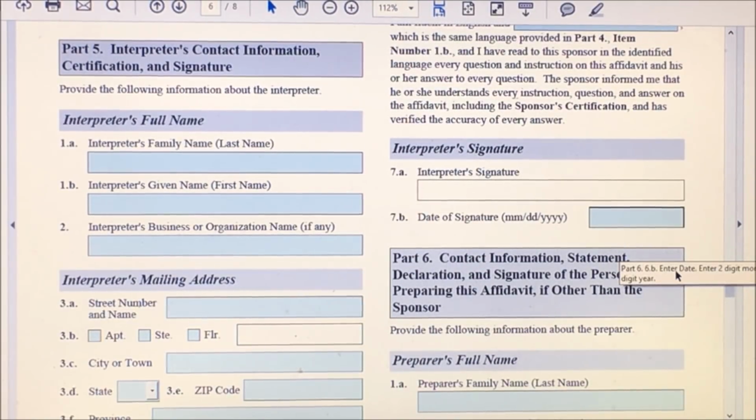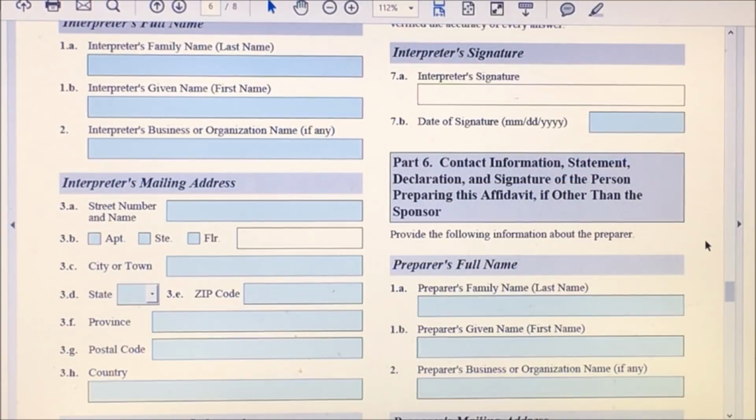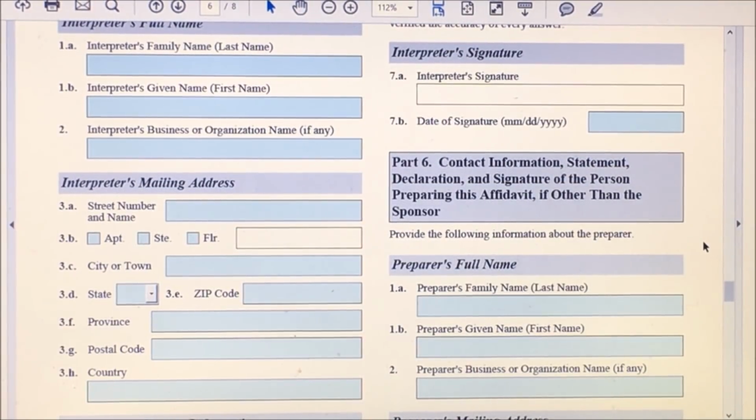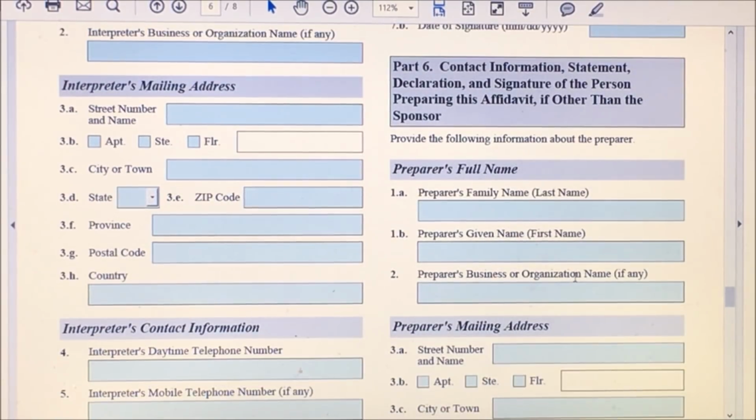So part 6, contact information, statement, declaration, and signature of the person preparing this affidavit if other than the sponsor. So if someone else helped you prepare this affidavit, his or her details would go in here. Okay, this can be an attorney or anyone else.